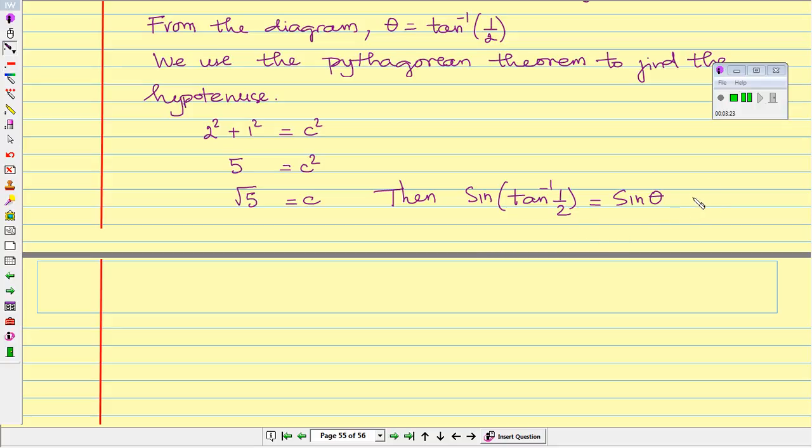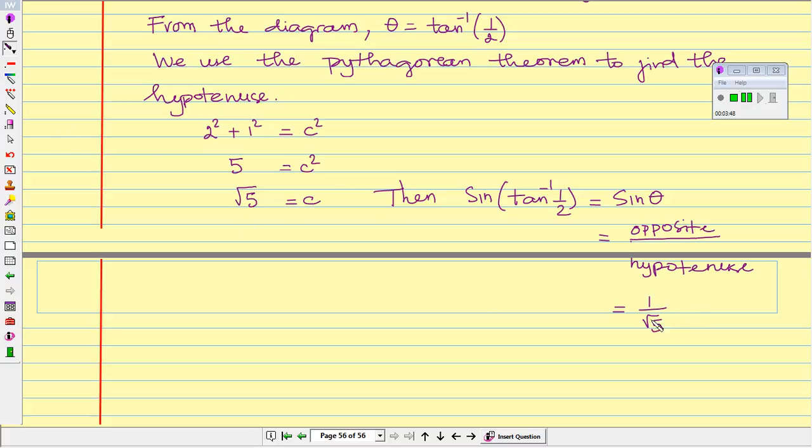Now sine theta is opposite divided by hypotenuse. So let's substitute: the opposite is 1, the hypotenuse is square root of 5.